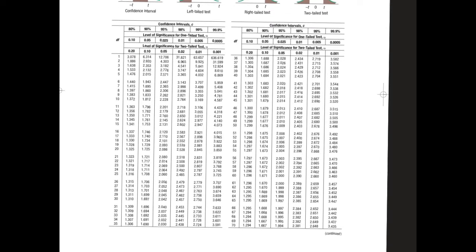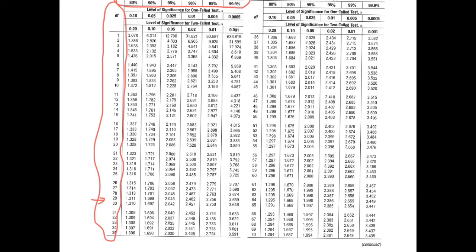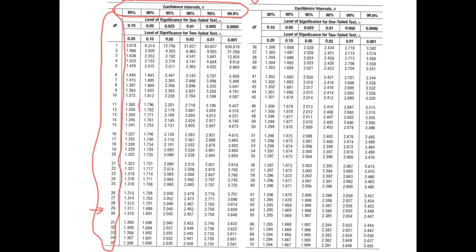Again, we're only interested in this case in this specific row where it has the confidence intervals and this first column with the degrees of freedom. Of course, you can look in this distribution as well as the degrees of freedom continue here. For our case, we had n of 30 and therefore degrees of freedom is 29. So we go up to the top to look for our confidence level of 95%.